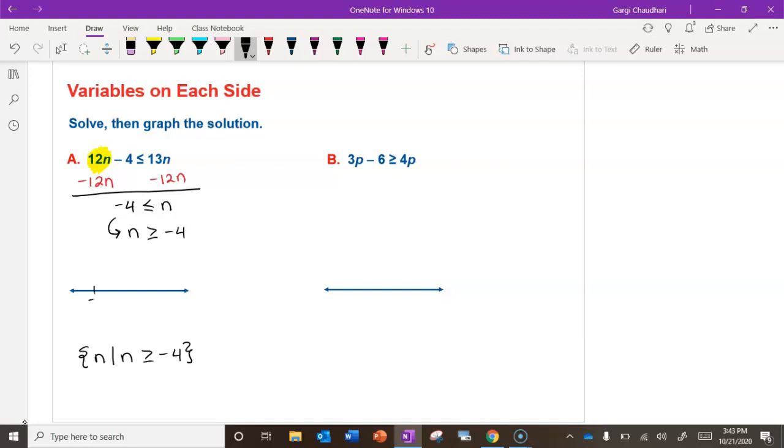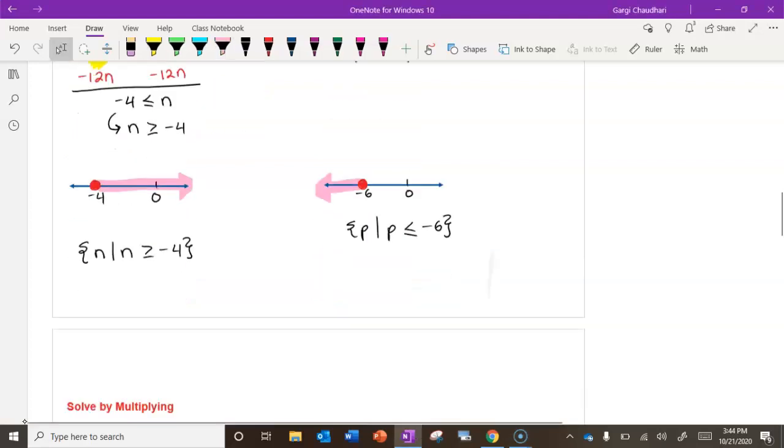So I have my two numbers, -4 and 0, relative to each other on the number line. And I'm going to have a closed circle on that -4. And because everything is greater, my arrow is going to go to the right, just like that. Go ahead and try the next one on your own. Pause the video now. All right, go ahead and check your work and make sure you've shown me all the steps. Here we go.